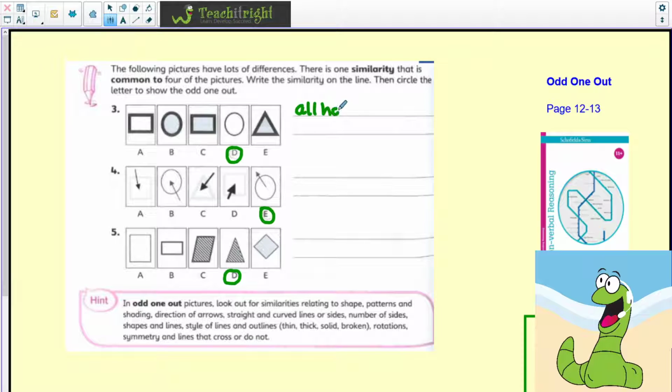But you'll notice on D, that's actually a thin outline. So the reason that D is the odd one out is because it's not thick like the other 4.